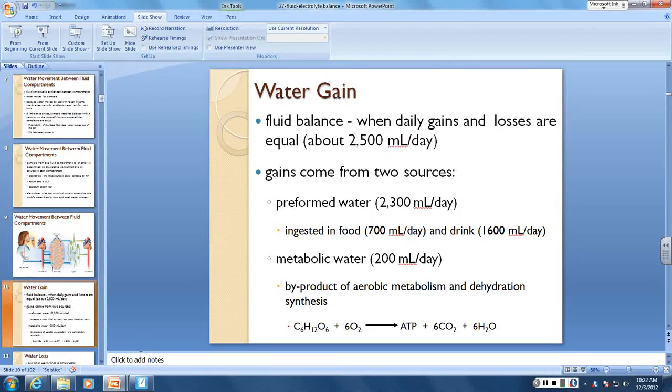You all heard of water intoxication? What is that? You drink too much water too rapidly, and you can be drunk, or you can die.